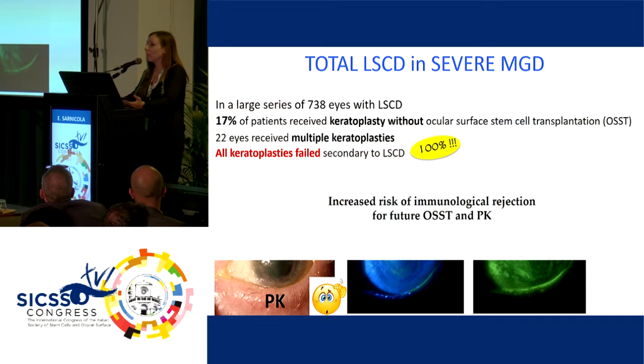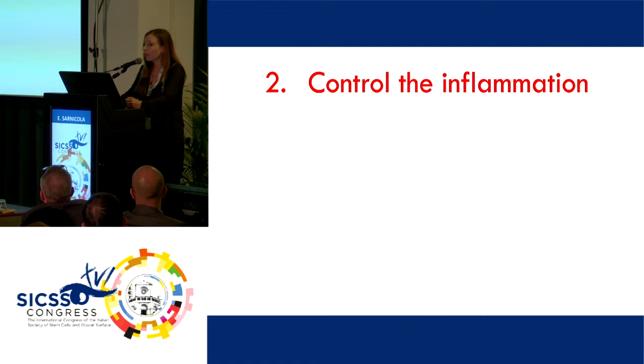It should be avoided because not only did it not help our patients, but we even made their situations worse, because from an immune privilege, we actually have turned to immune alert. And so we have probably compromised the possible limbus transplantation procedure in the future.